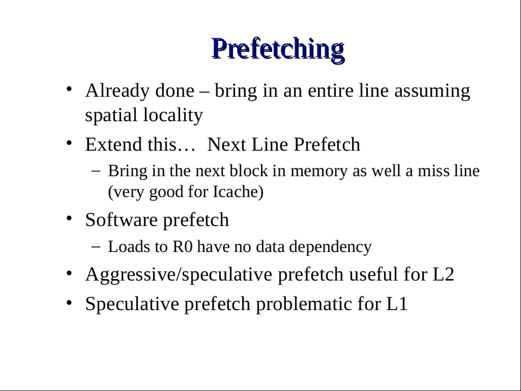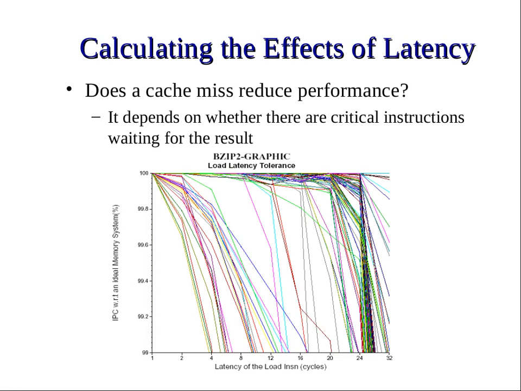And then you can do other types of prefetching for different caches. It turns out in hardware, it's useful for the L2 because your L2 is usually fairly large. It's not useful for L1 because it's so small and usually very low associativity. It's very problematic for an L1. L2 though, it's pretty good.